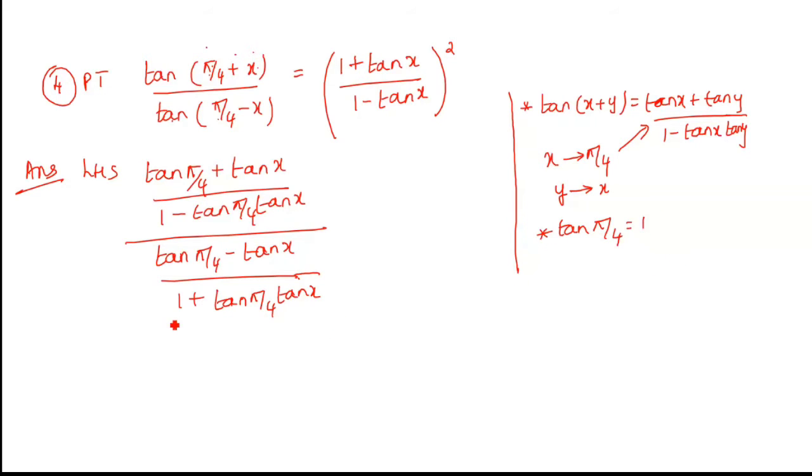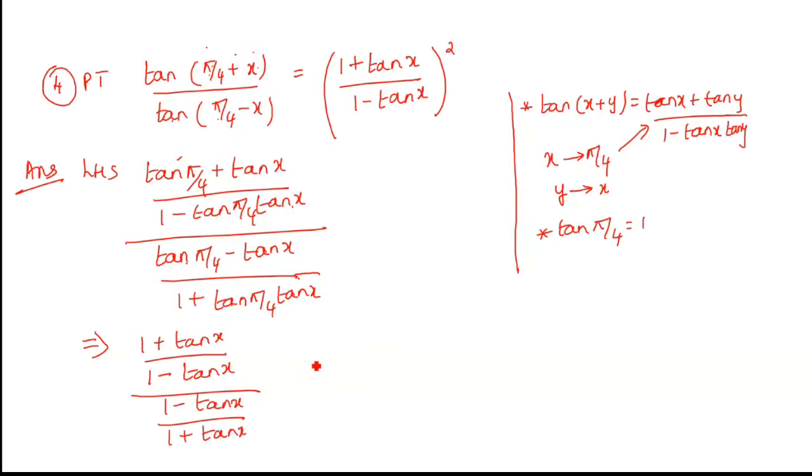So wherever I can see tan pi by 4, I will write 1. Therefore the numerator is (1 plus tan x) whole divided by (1 minus 1 into tan x, which is tan x), whole divided by, for the denominator, (1 minus tan x) whole divided by (1 plus tan x).